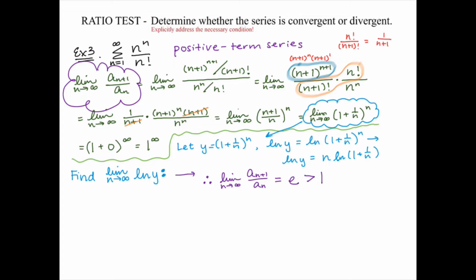And therefore, we can conclude that the sum from 1 to infinity of n to the n over n factorial diverges by the ratio test.